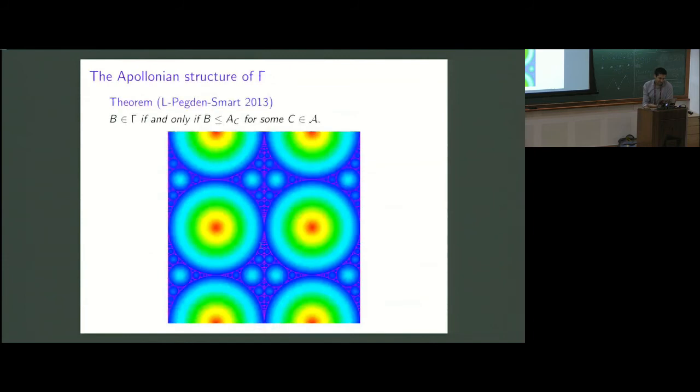So it's kind of clear at this point what the theorem should be: that gamma is the set of all matrices B that are in the matrix order less than or equal to these special peak matrices AC, as C runs over all the circles in the packing. So for each circle C, there's a peak matrix AC that lives right at the tip of that cone, and all the other matrices in gamma are the ones less than or equal to those.